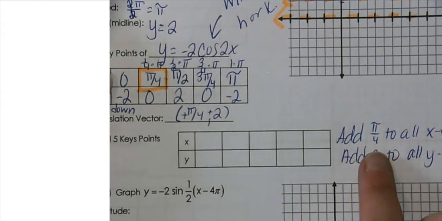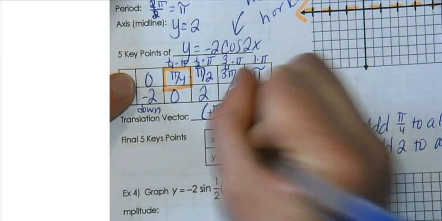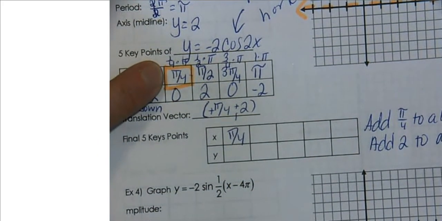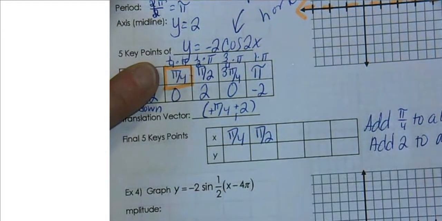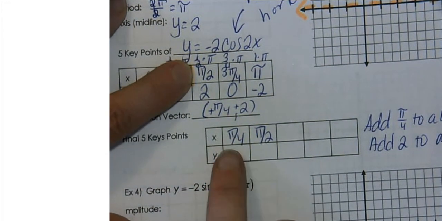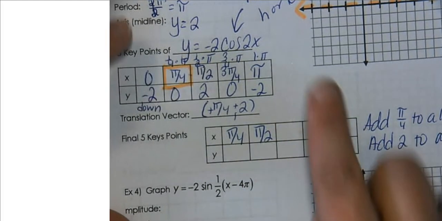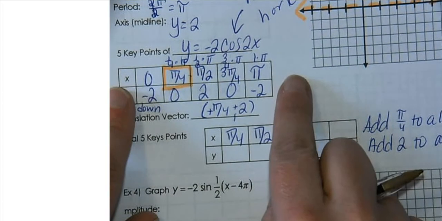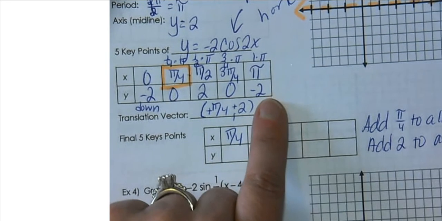So I'm going to add pi over 4 to my x values. That is 0 plus pi over 4, which is going to give me pi over 4. Pi over 4 plus pi over 4 is 2 pi over 4, which is pi over 2. If you notice, we're just adding pi over 4 each time to get to the next number, because the spacing between our x values doesn't get bigger or smaller; we're just shifting the graph over pi over 4 units.